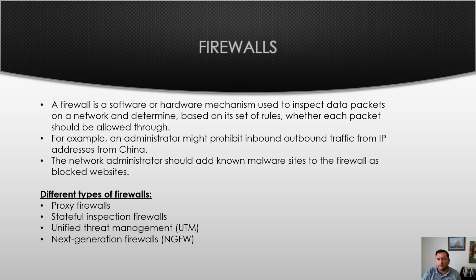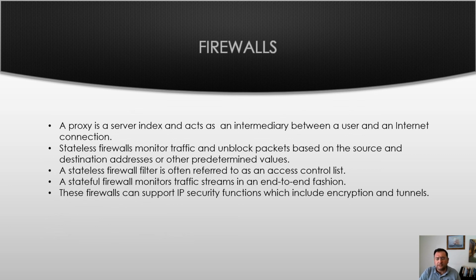There are different types of firewalls: proxy firewalls, stateful inspection firewalls, unified threat management, and next generation firewalls. A proxy server acts as an intermediary between a user and the internet connection. A stateless firewall monitors traffic and blocks or allows packets based on the source and destination addresses or other predetermined values.